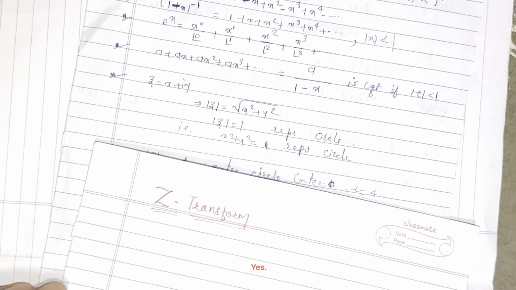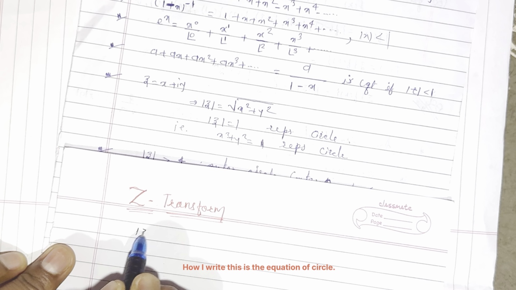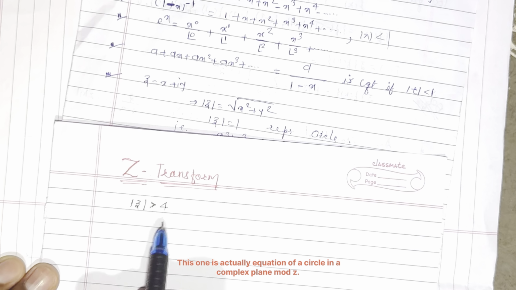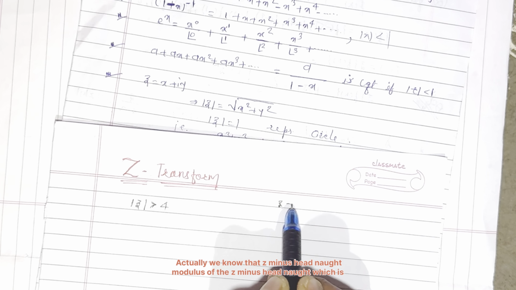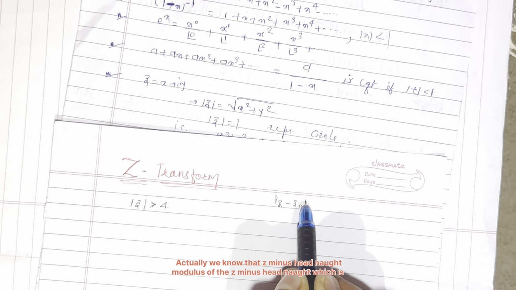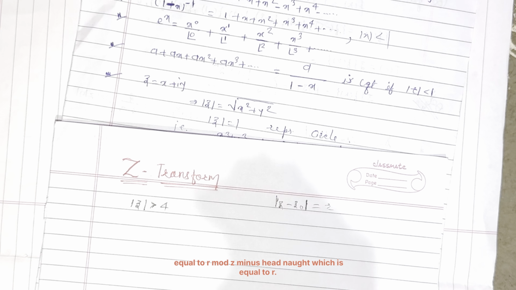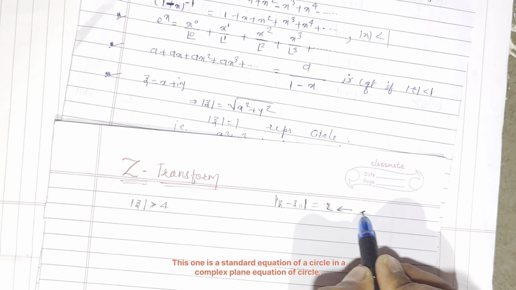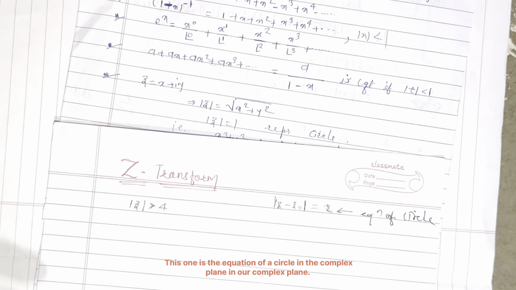Mod z greater than 4 is related to the equation of a circle in the complex plane.